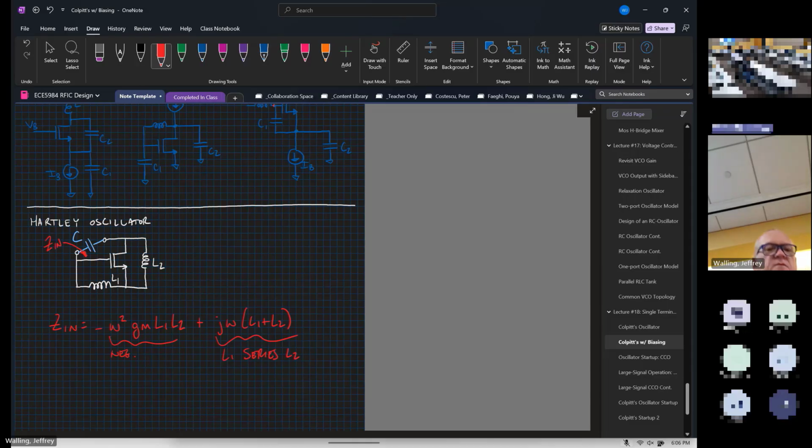Okay. Now, where is my loss coming from? I'm going to have some RP1 associated with the one inductor, some RP2 associated with the other inductor. So my loss is still primarily going to come from the inductive components.